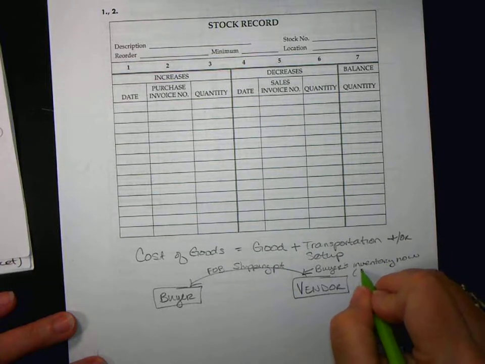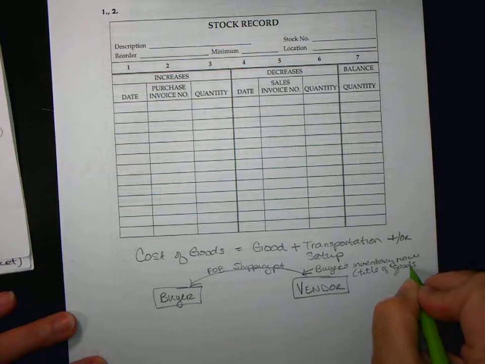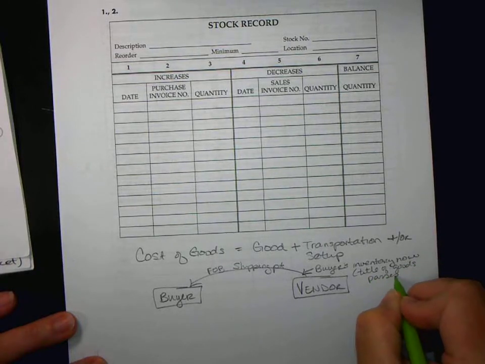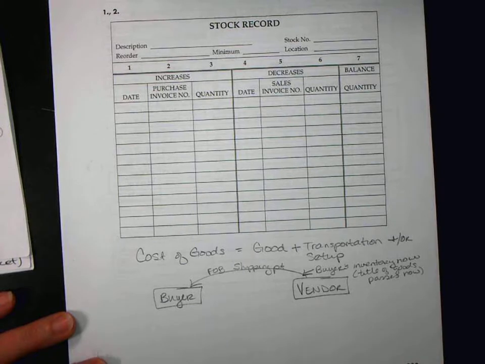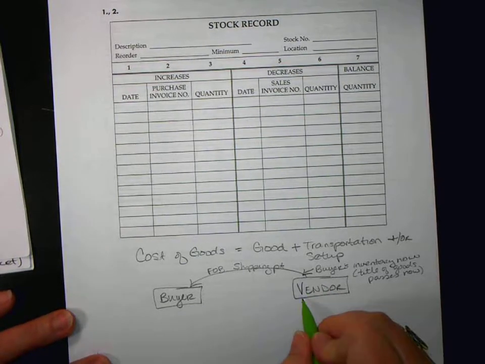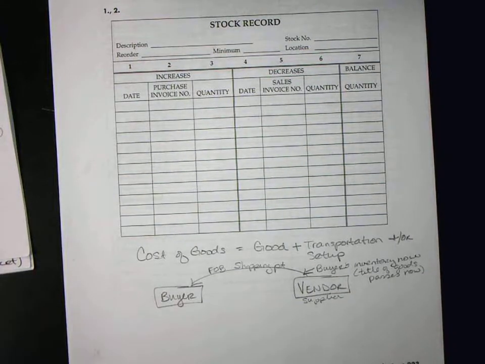Okay, and the title of the goods passes now. Okay, that's FOB shipping point. So at the shipping point is when the buyer is taking possession, and our vendor is our supplier.